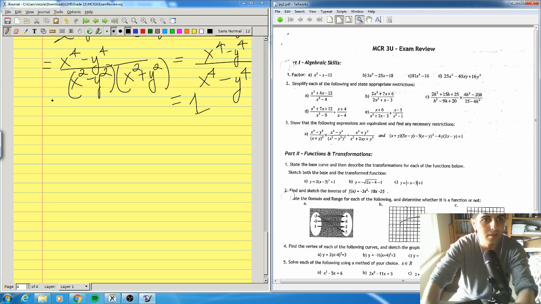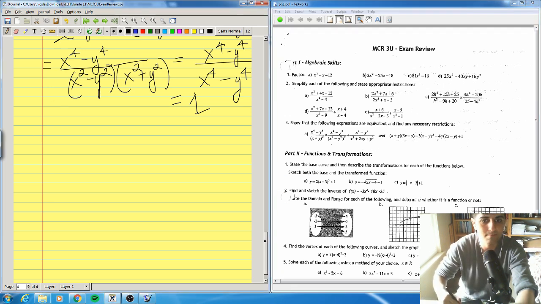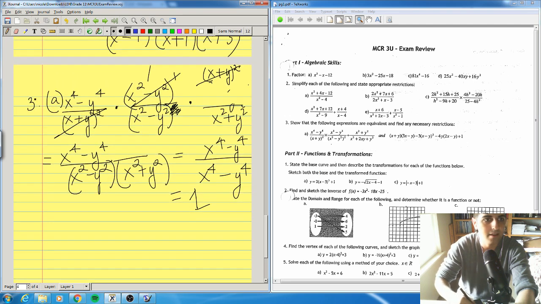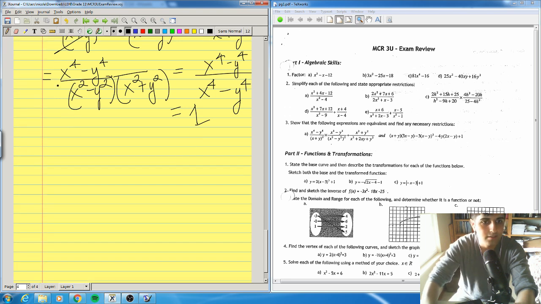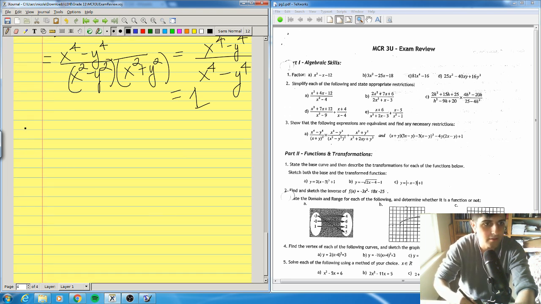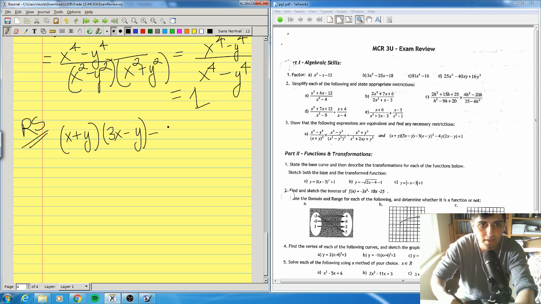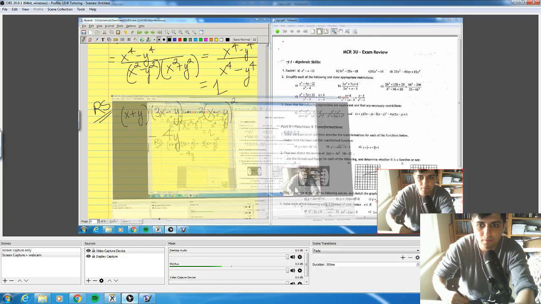So let me write this as left side, right? And right side. Okay, so right side, x plus y times 3x minus y minus 3 times x minus y squared minus 4y. Let me just make sure that everything's okay.